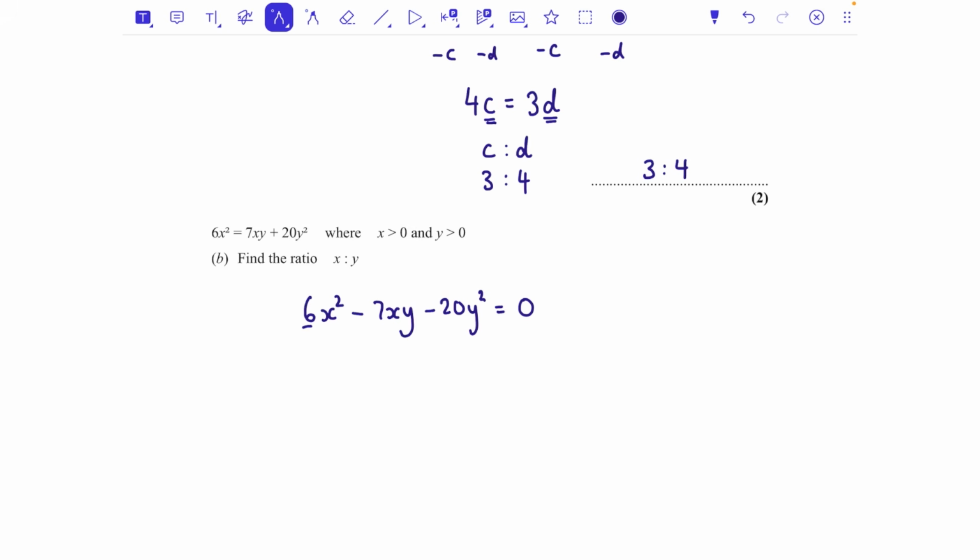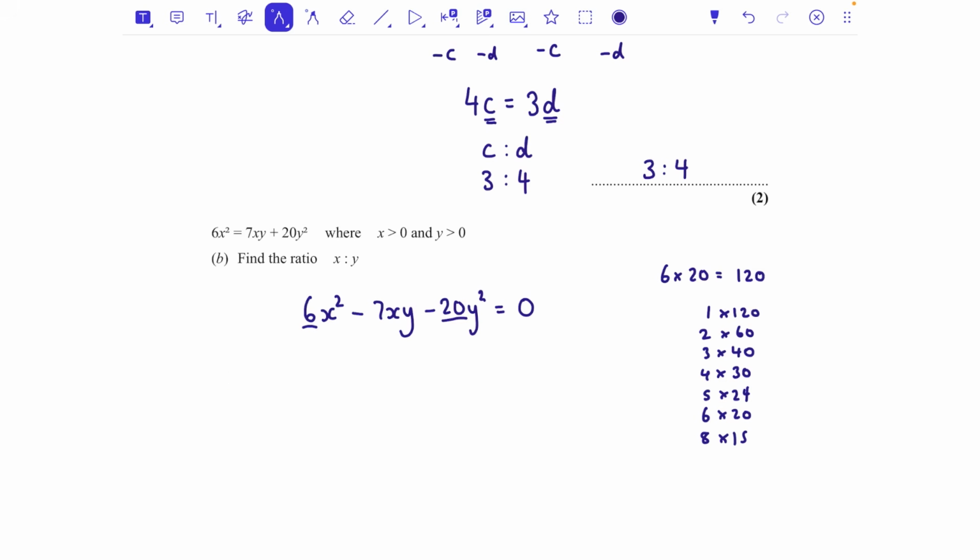So I know that if I do a times c, 6 times 20, I get 120, which might be 1 times 120, or 2 times 60, or 3 times 40, or 4 times 30, or 5 times 24, or 6 times 20, or 8 times 15, that'll do it. 8 times 15, I like the look of that. So 8 times 15 is 120, but I can make 7xy using 8 and 15.